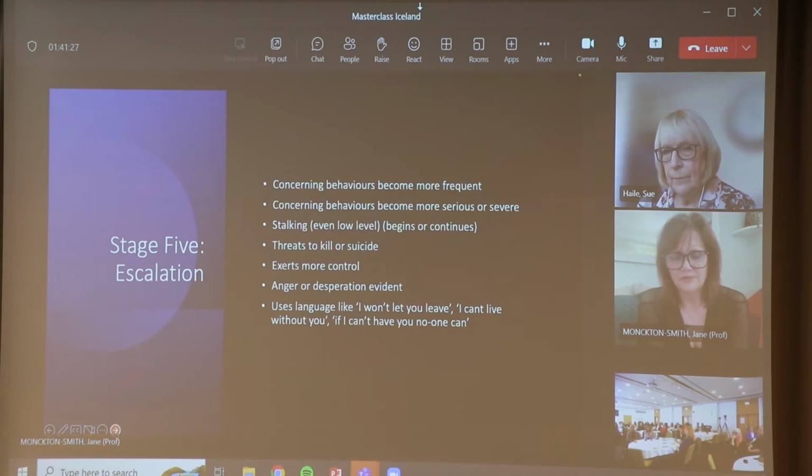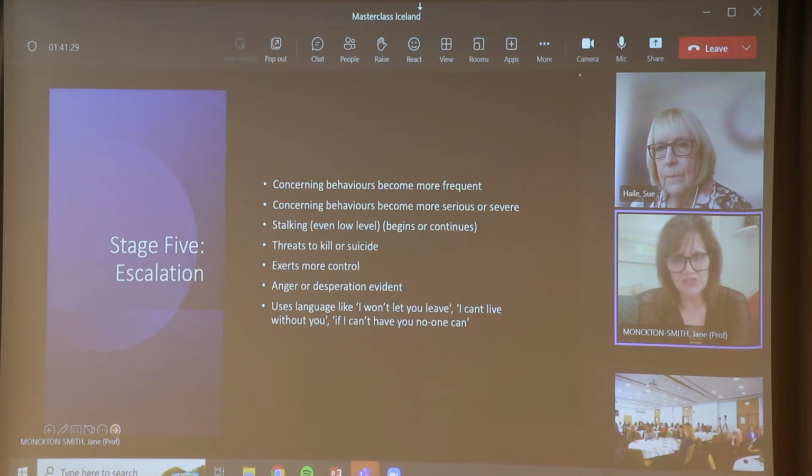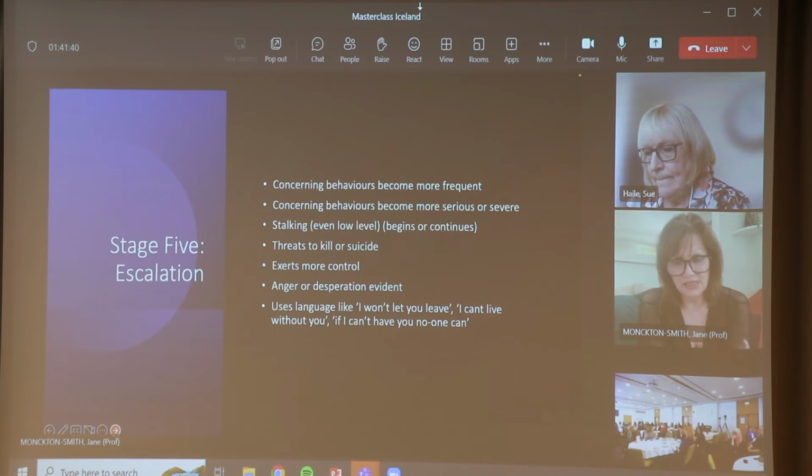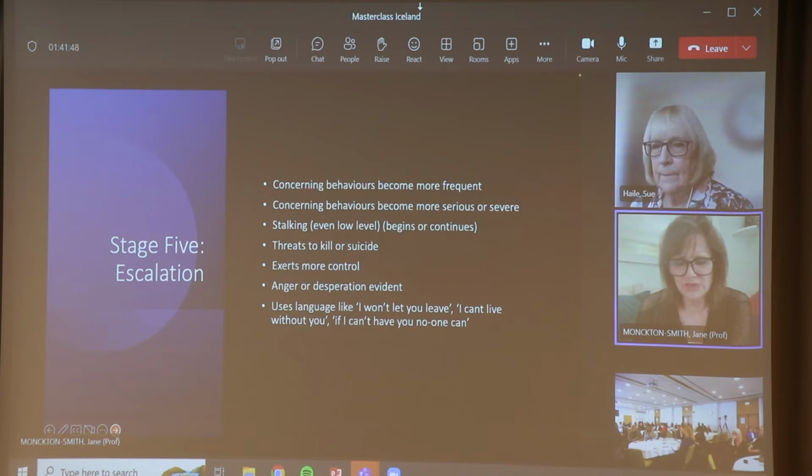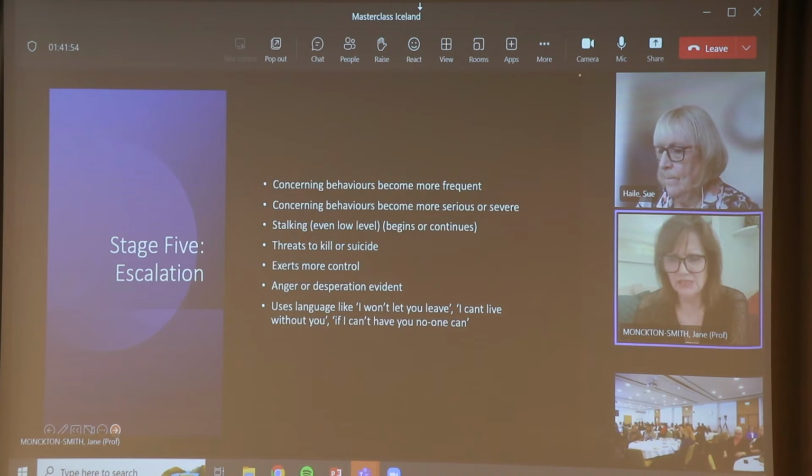Now, stage 5 is very difficult as well, because although it becomes quite obvious that things are getting worse, there's no time length I can give you for stage 5. So it's largely about keeping an eye on what is going on, because one of 3 things tends to happen in stage 5.